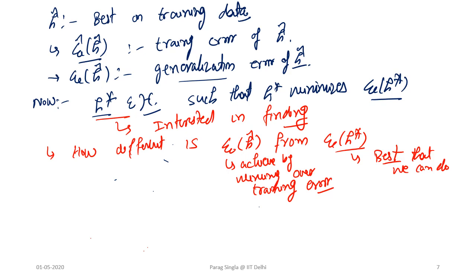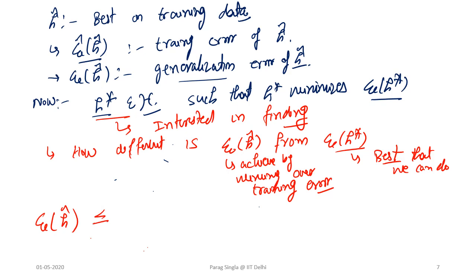So let's now try to derive this. The way we will do this is we will say epsilon of H hat, the generalization error of H hat, is less than, and we are going to first transport this error to the training space by using the uniform convergence bound.